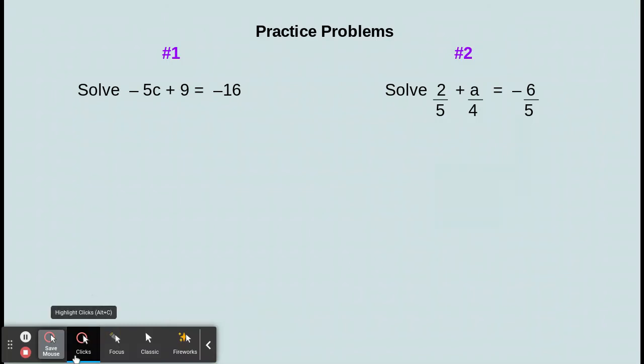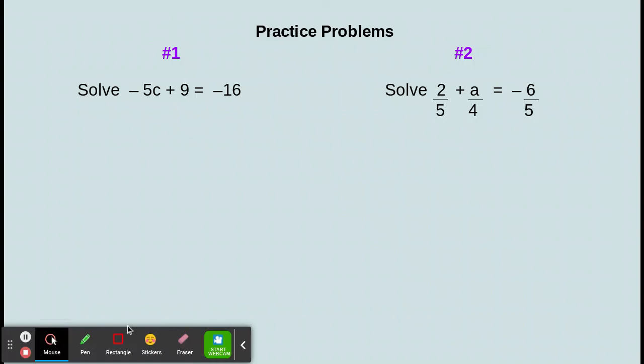Okay, practice problem number 1. I am going to go through it, get it started for you. You can check to make sure that you are on the right path, and then I will check your answer when I come around to check your notes. Okay, so the first one, negative 5c plus 9 equals negative 16. Well, in this two-step equation, we want to get the constant to the other side.